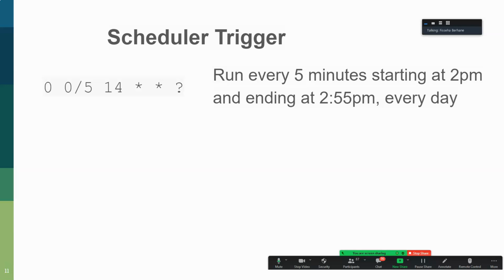So it starts at 2 p.m. and ends, since it is every 5 minutes, at 2:55. After that, since the hour expires or is invalid, it is not going to run. So it is starting at 0. You see, for the minute value, it is starting at the start of the minute and running every 5. So 0, 5, 10, 15, 20, 25, and so on.